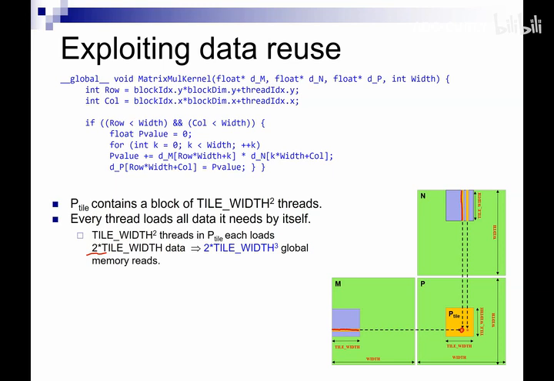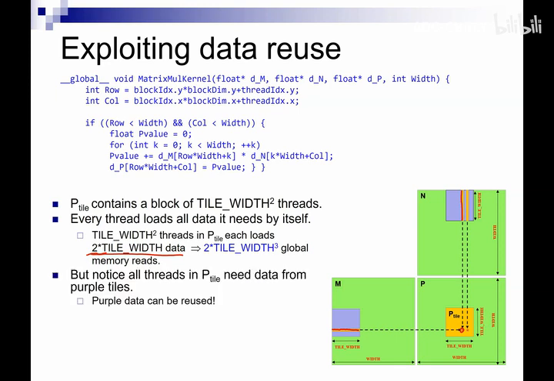In total, you have tile width squared threads, and each of them does this many global memory accesses, so in total we're doing 2 times tile width cubed global memory accesses. That's going to hurt our performance a lot.